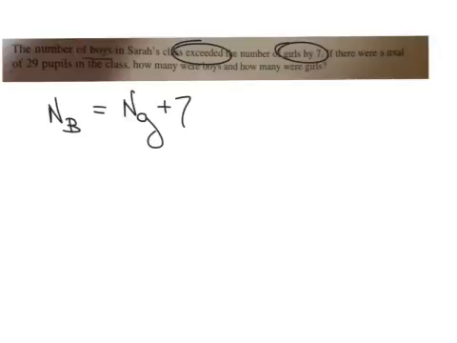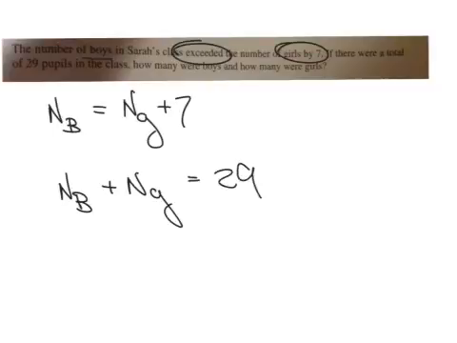If there were a total of 29 pupils in the class, how many were boys and how many were girls? Well, if we took the number of boys plus the number of girls, that would give me 29. That gives me how many people were in the class. Circled in red there, 29 pupils.